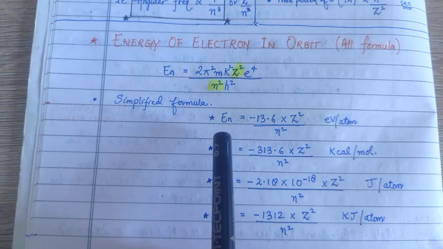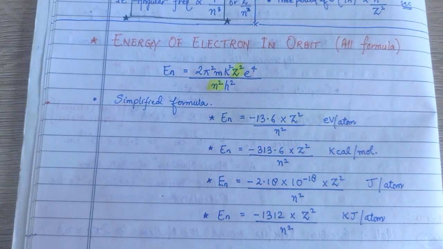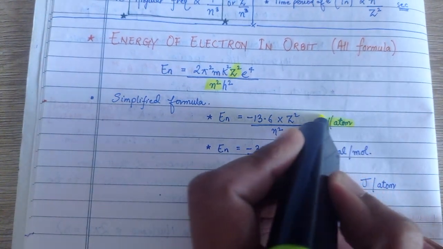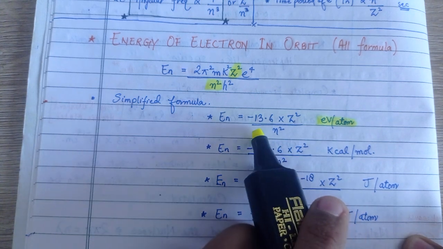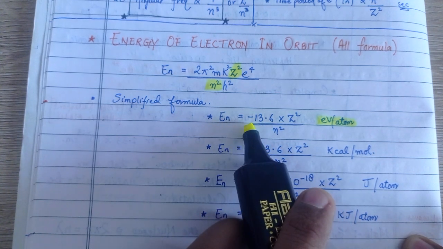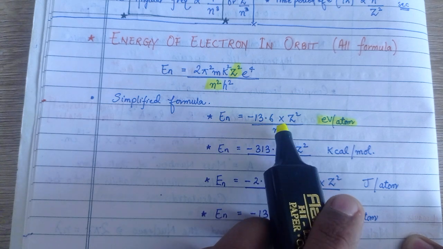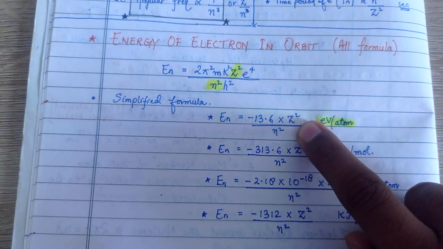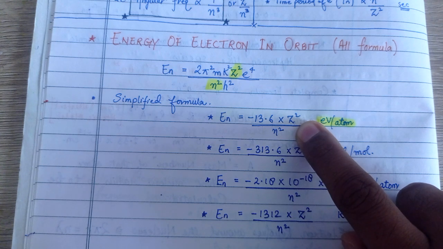Now let's start. A very important thing I want to tell you: some students last year remembered the formula but attempted the question in a wrong way because they were confused with the units. If they ask to calculate the energy of an nth orbit in electron volt, then you have to use this formula: energy of nth orbit is equal to minus 13.6 into z square upon n square. This formula is valid for hydrogen and hydrogen-like species. If you are using the hydrogen atom, you put 1 for z because the atomic number of hydrogen is 1.